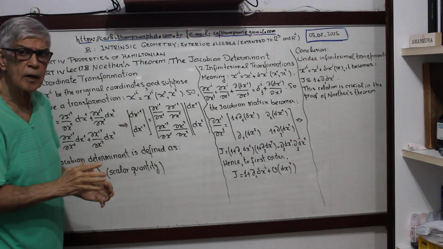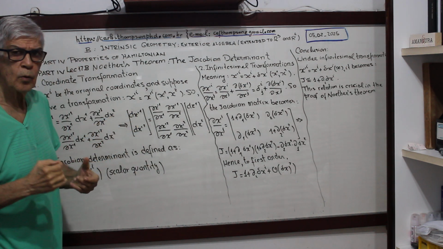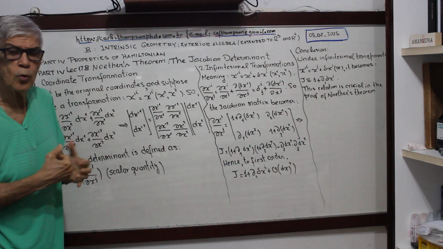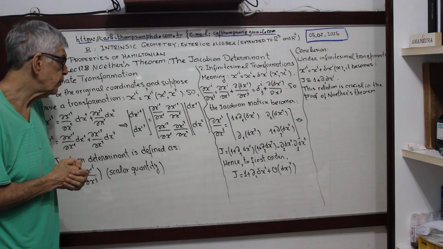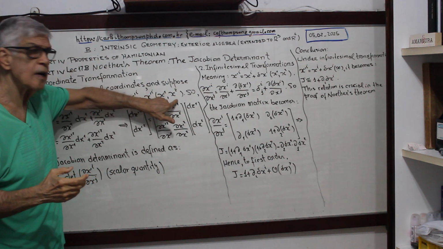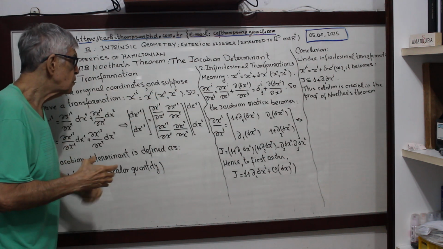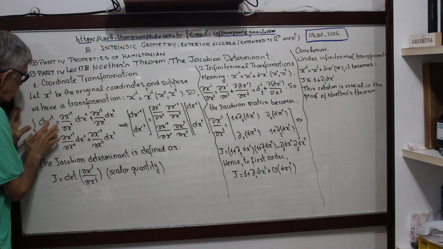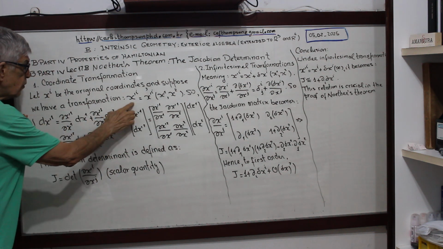This is a particular example where n is equal to 2. So here we have x1 and x2, okay? So this is a differential of this variable.